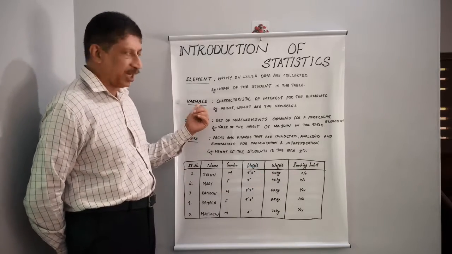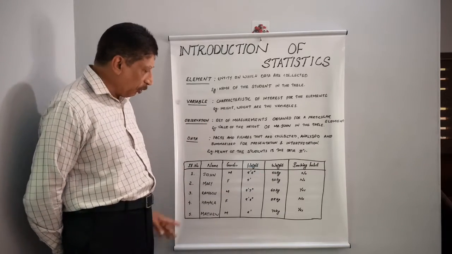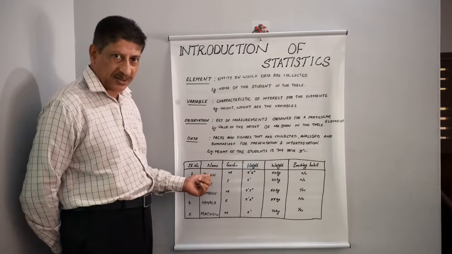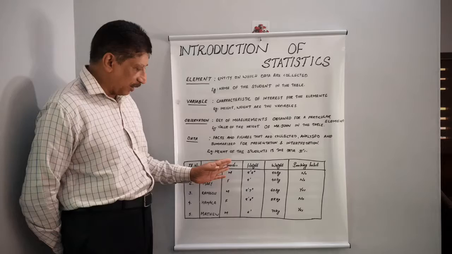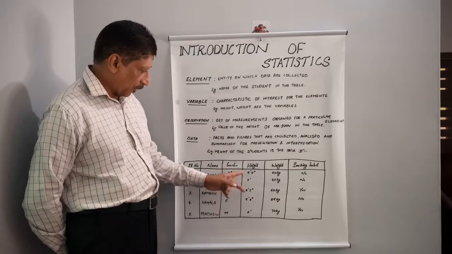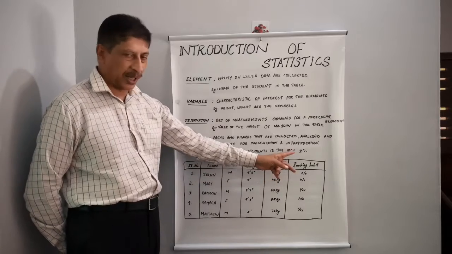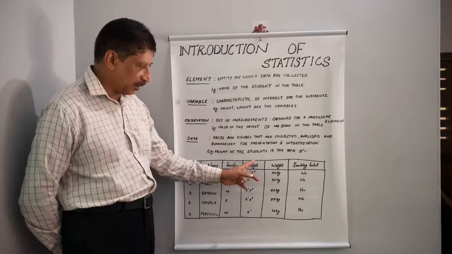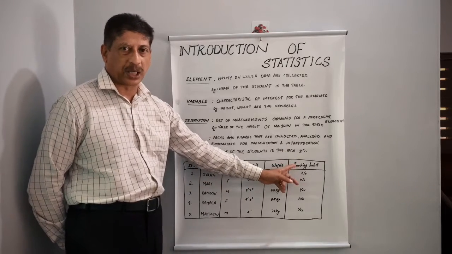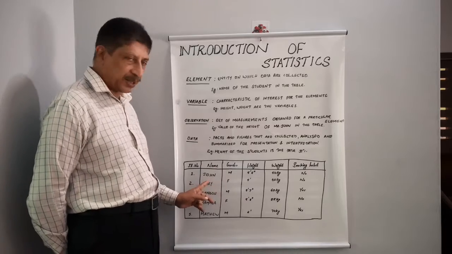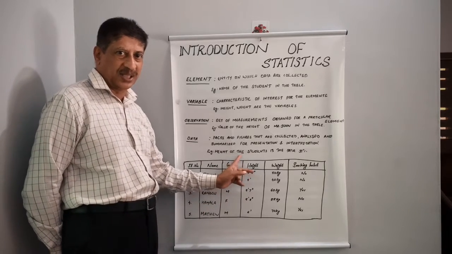And then the variable. When you look at this table, you see that for these students we collected some information based on gender, height, weight and smoking habit. Each one of these is a variable, because we collected the data based on these characteristics.